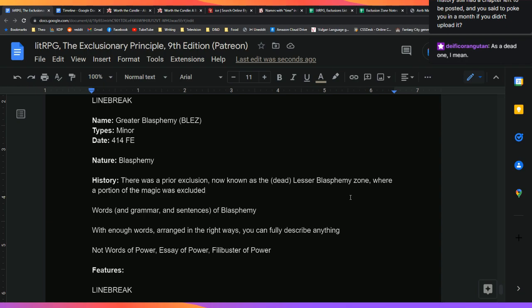Some of these are history focused, and some are features focused. Some of them, the history is just going to be a single paragraph, ideally. Others, it's going to be much longer. But blasphemy will be a curses magic that suffered an exclusion and then suffered a second exclusion, and then the first exclusion zone is defunct. But yeah, I think we're going in the direction of words of power.